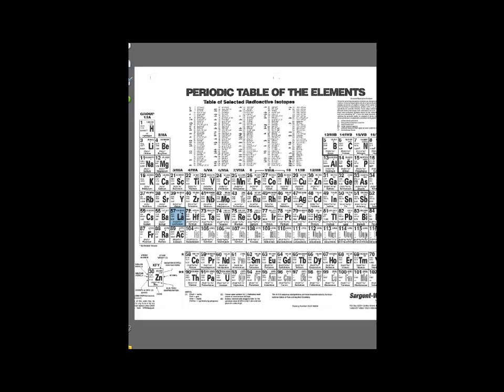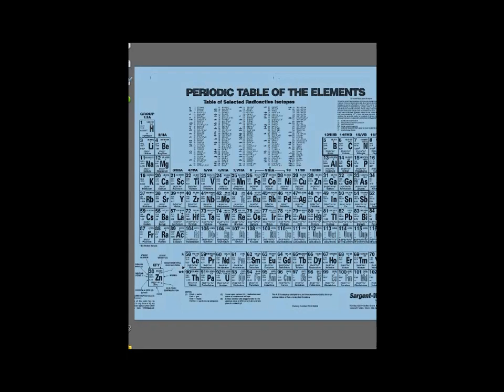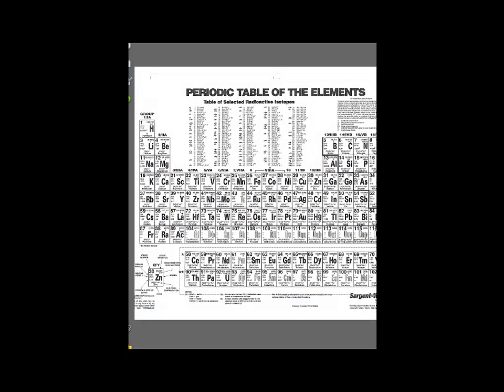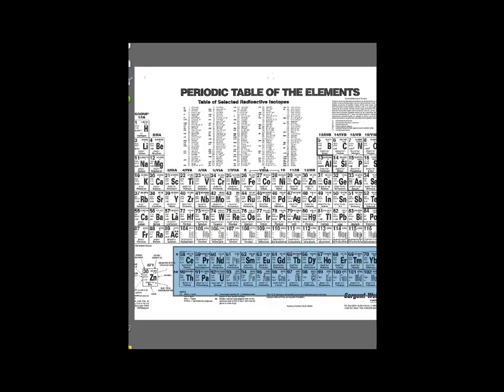And then you look directly to the right of lanthanum, hafnium is 72. So there's a jump. This jump doesn't really make sense unless you look at the island to the bottom. So the island goes from 58 to 71.